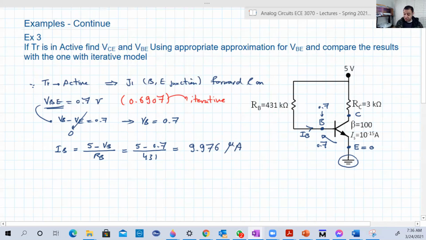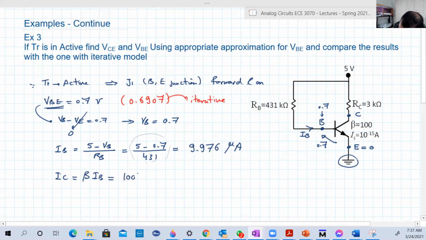It was really small, so I converted it to microamperes by multiplying by 1000. And IC, which we determined iteratively last time, is easily beta times IB.